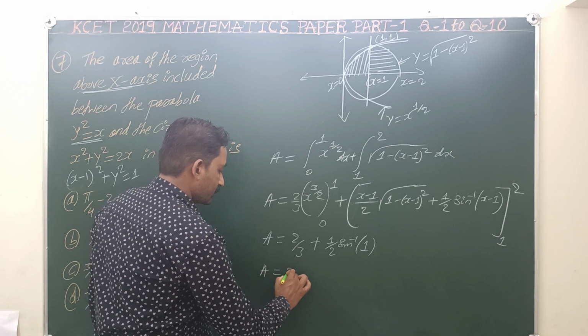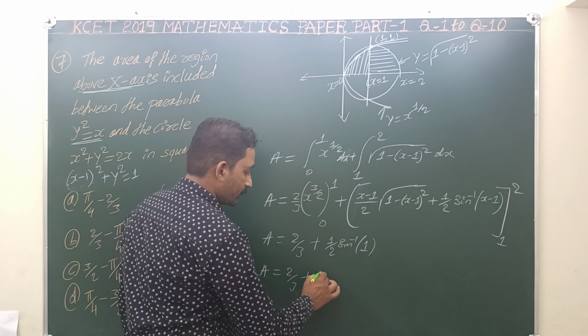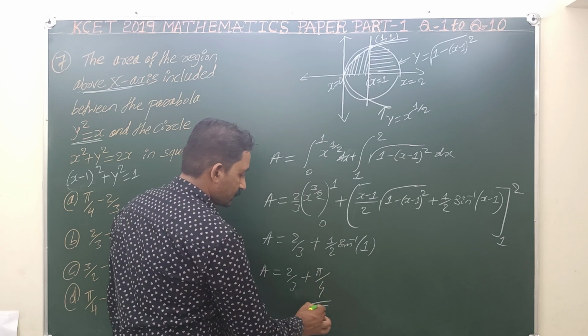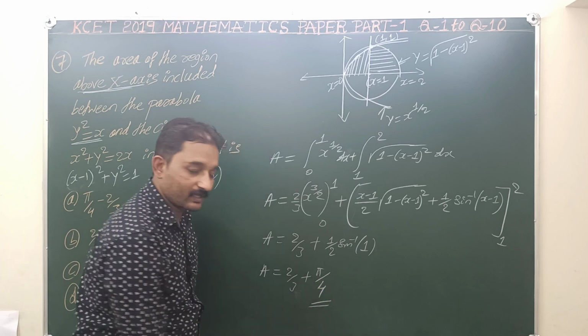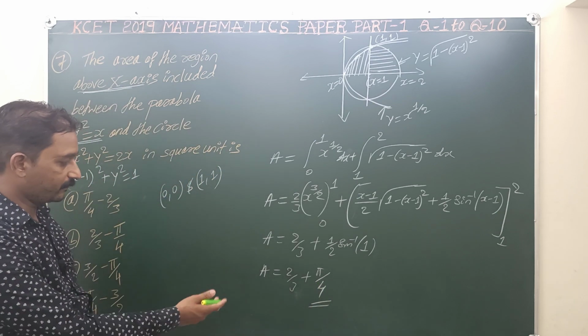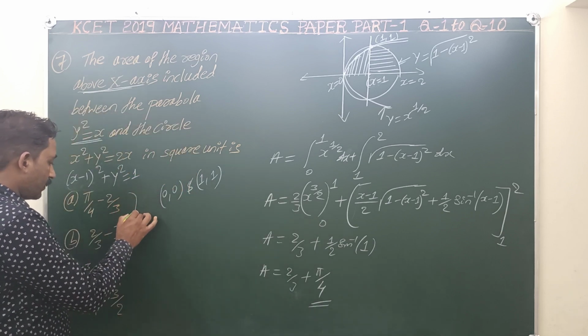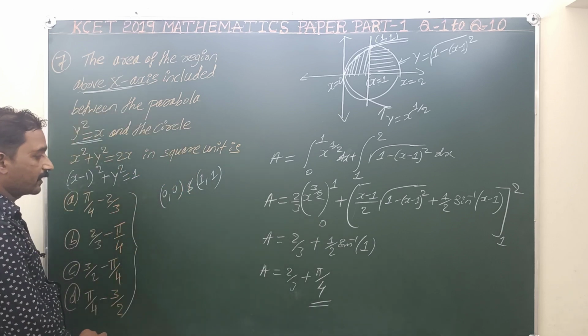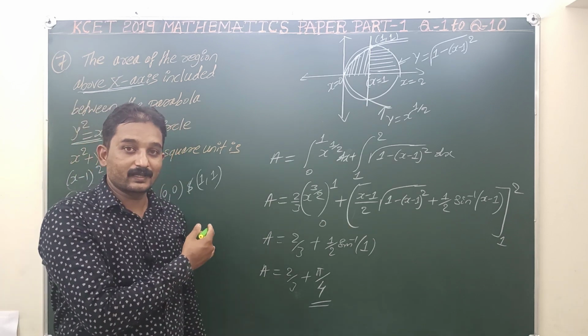Simplify: 2 by 3 plus sine inverse of 1, which is pi by 2, times 1 by 2, gives pi by 4. So the answer to this question is 2 by 3 plus pi by 4, but no option matches this answer, so the options are wrong. Grace marks were allotted for this question in the KCET exam.